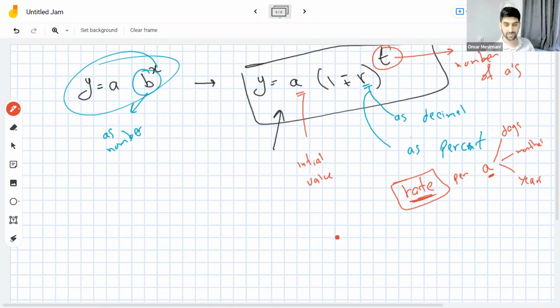So T will be the same as R, not the opposite. Maybe the question gives you the rate per month and asks what it will be in 3 years. Then you have to switch the number of years into months. Understand? It depends on your question. Look at what you have as R, and change T depending on it.